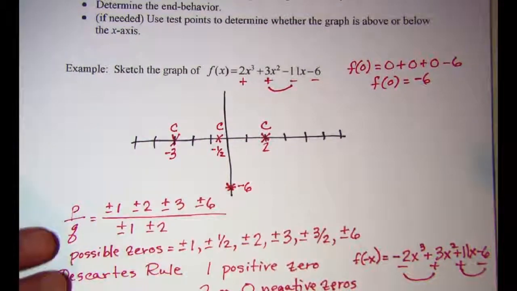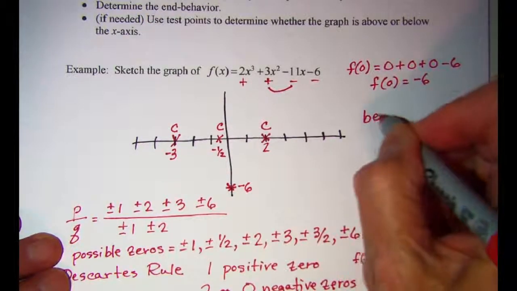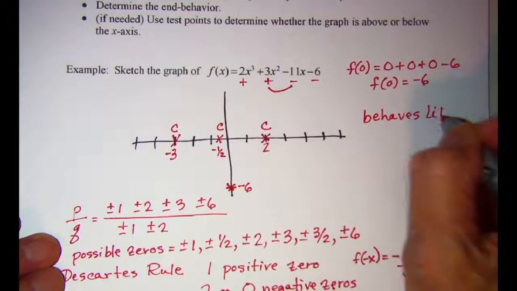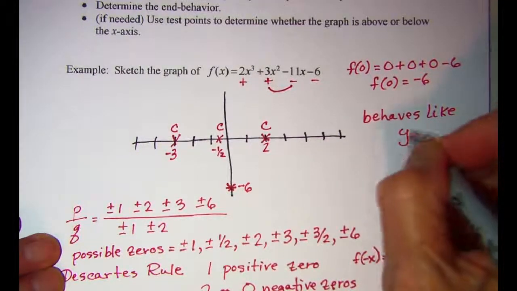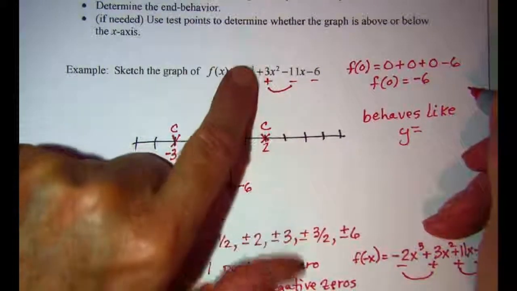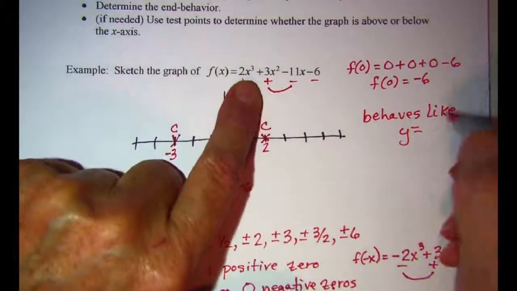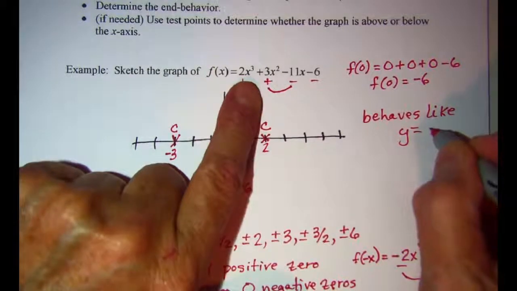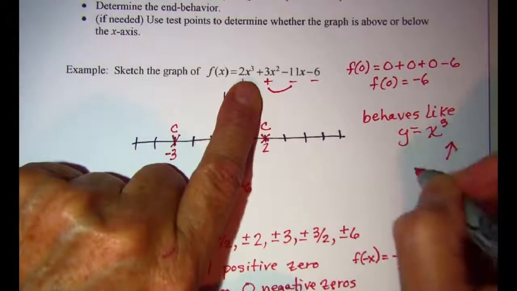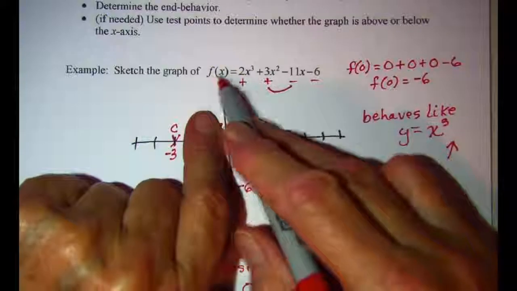And finally, the end behavior of the graph. My function behaves like y equals, my lead dominant term is 2x cubed, so it behaves like x cubed, which is right arm up and the left arm down, since it's a positive 2 coefficient.